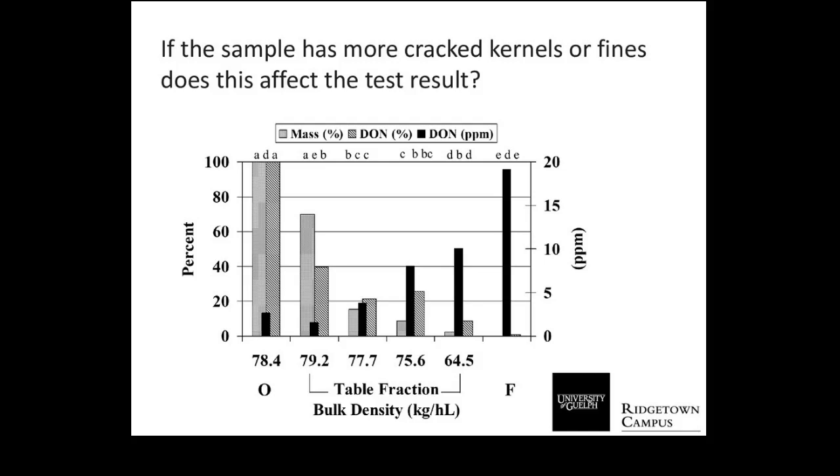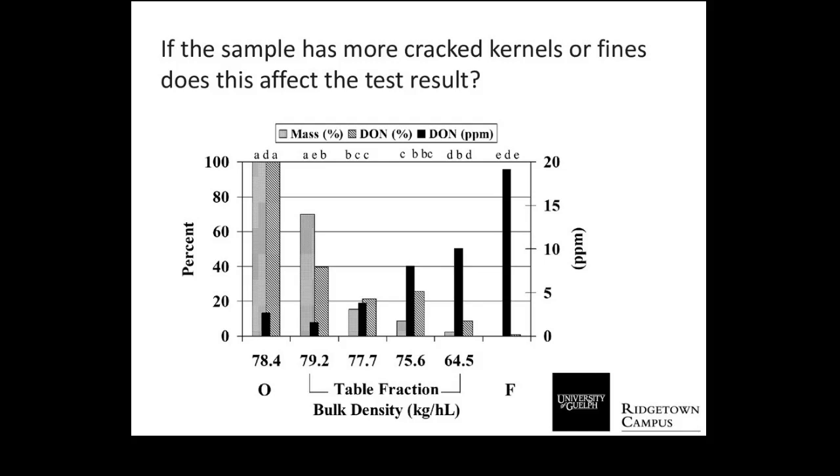So we did some work a number of years ago on food grade corn, where we put grain on a gravity table to separate the grain by bulk density, and then we collected the fines at the other end. On the bottom of this scale, you'll see the numbers 78, 79, 77, 75, 76, 64, etc. Those are sample bulk densities that came off the table.